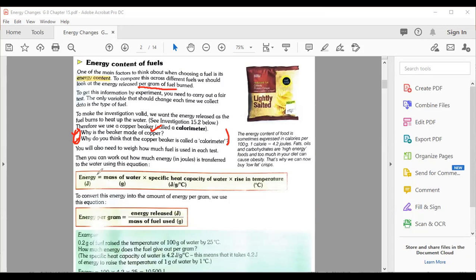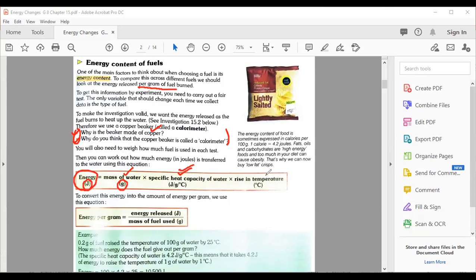Energy, the unit you measure in joules, is represented by J. Mass of water is in grams, multiplied by the specific heat capacity of water, which is already given. You don't need to find it. You just need to know the mass of water in grams and the rise in temperature.